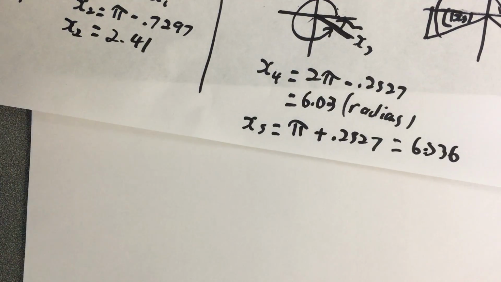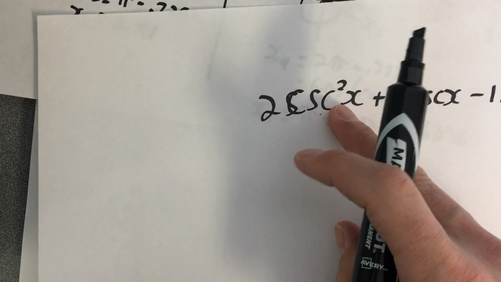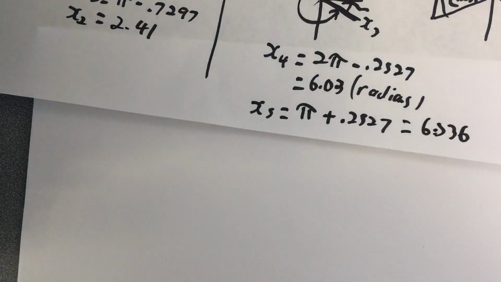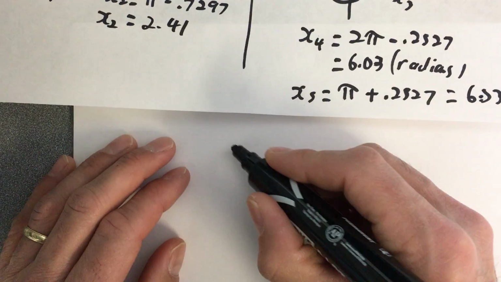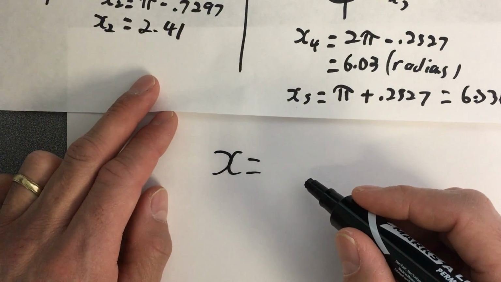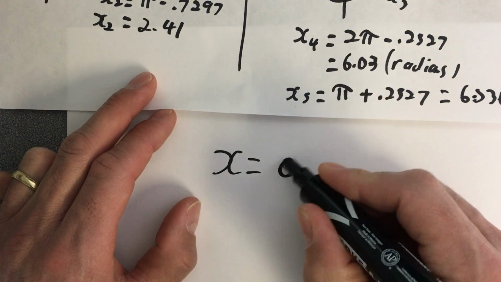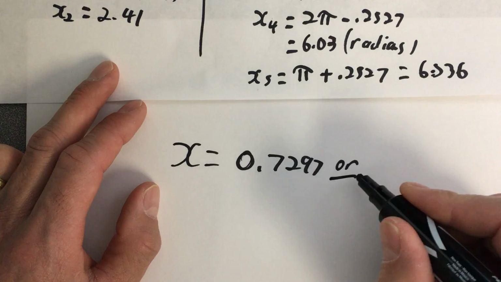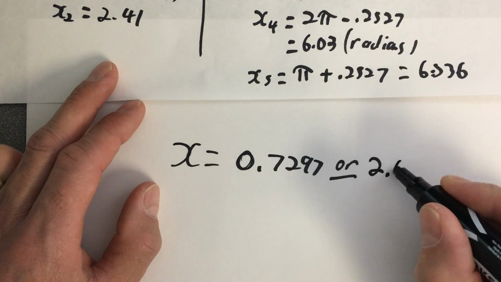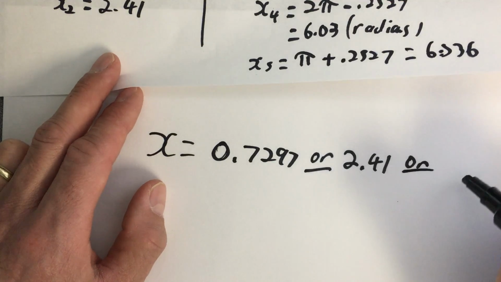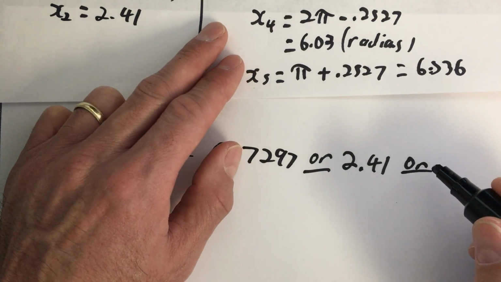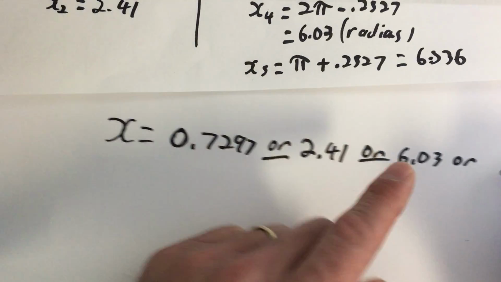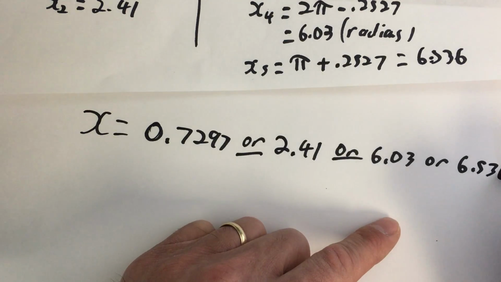So I've determined that if I'm solving 2 times the cosecant squared of x plus 5 cosecant x minus 12 equals 0, x is equal to 0.7297 or 2.41 or 6.03 or 6.536.